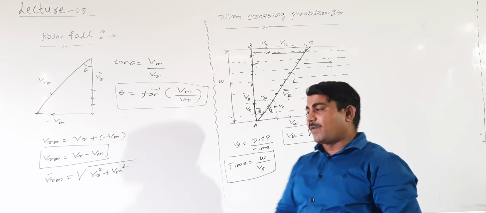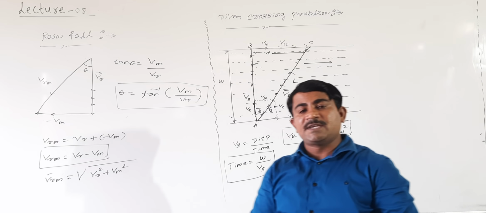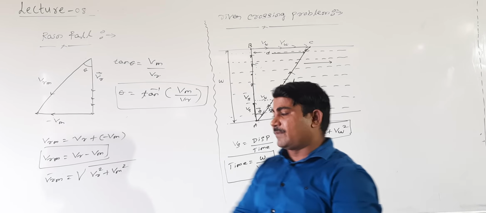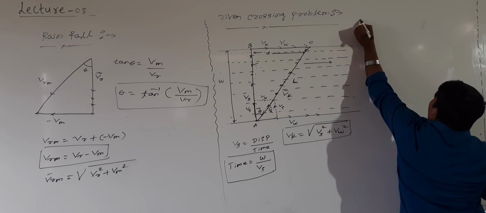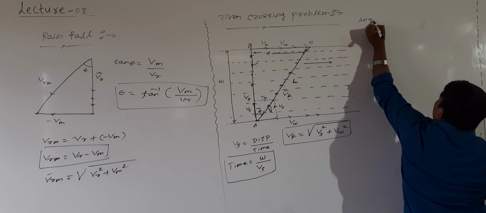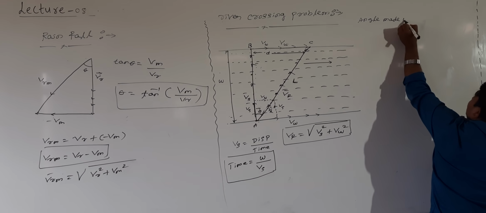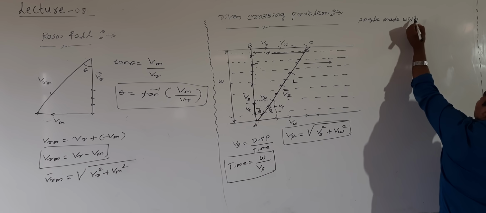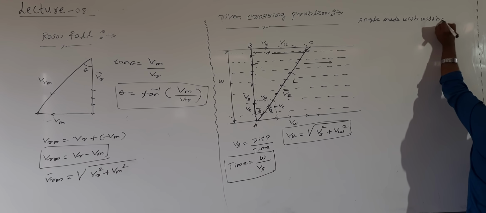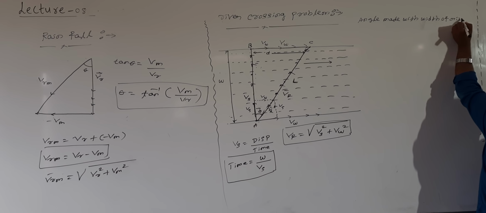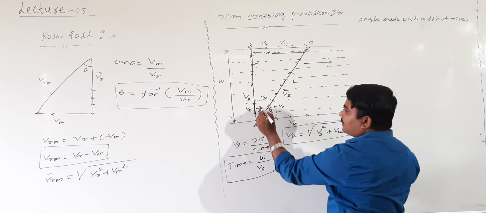What is theta here? The angle made with the width of the river. See here, how to calculate the angle made with the width of the river? Look at me, this triangle.